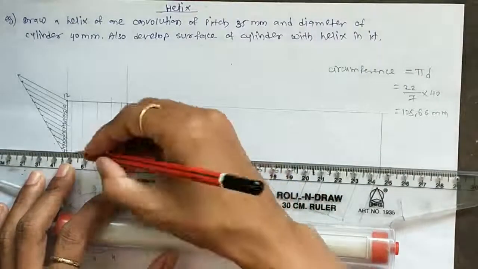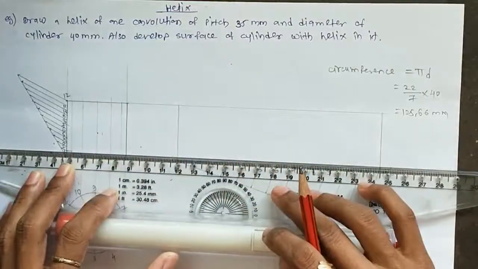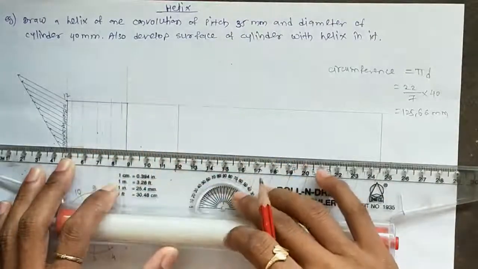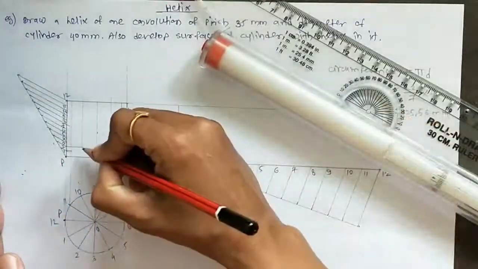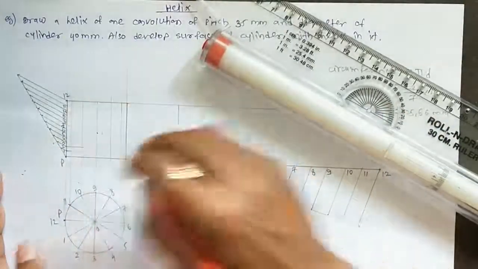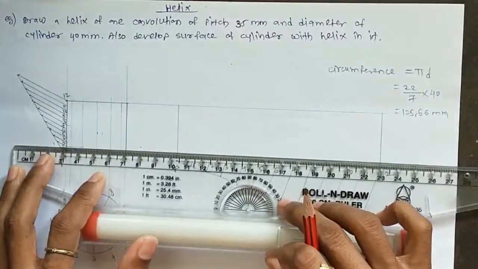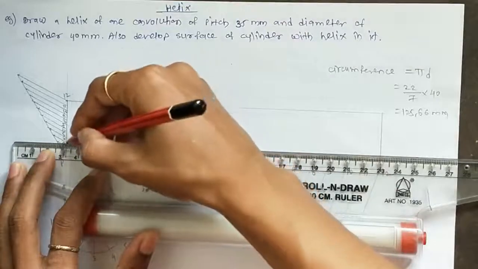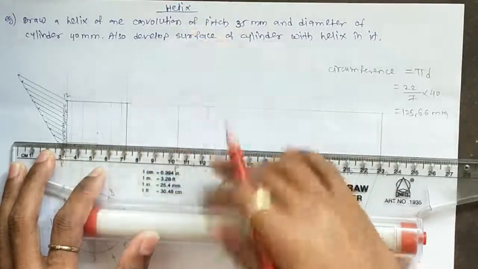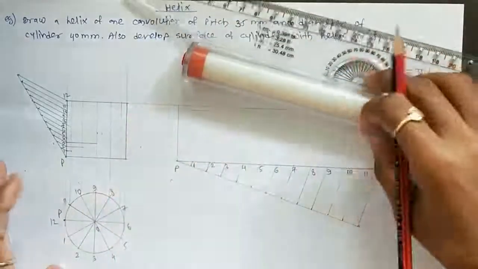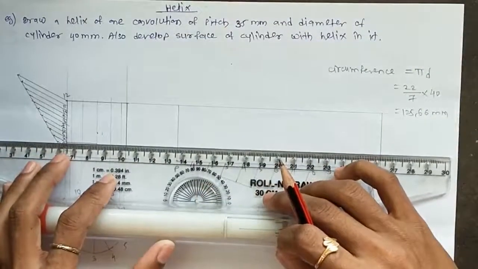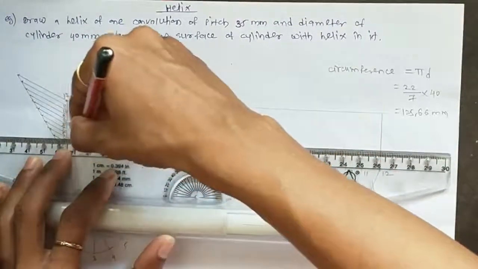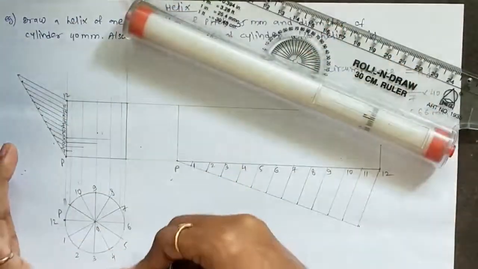So one point will be up to one line, then 2 point will be up to this horizontal line from point 2. Then take horizontal line from point 3 and it will up to the vertical line from point 3. So in this way you can take various points. So take horizontal line from point 4 up to the vertical line of point 4.